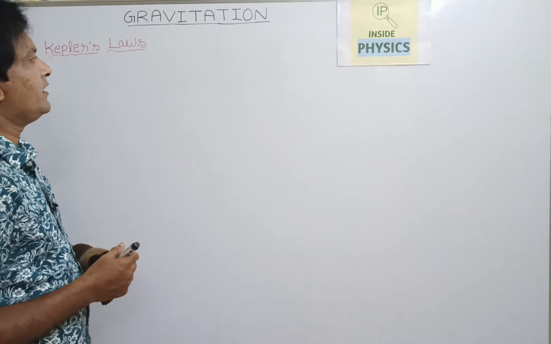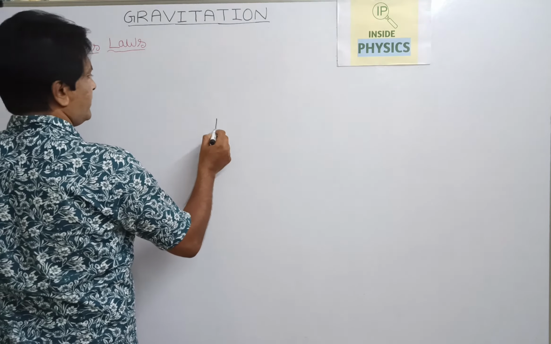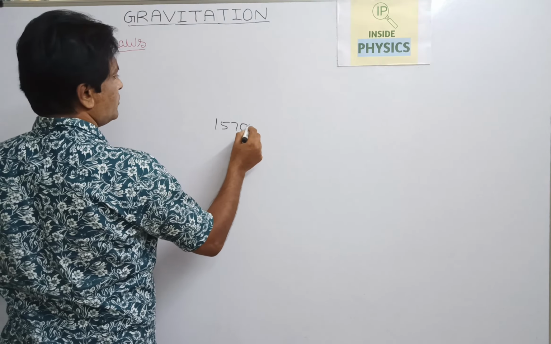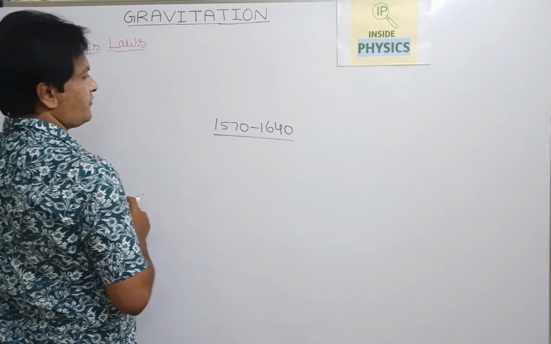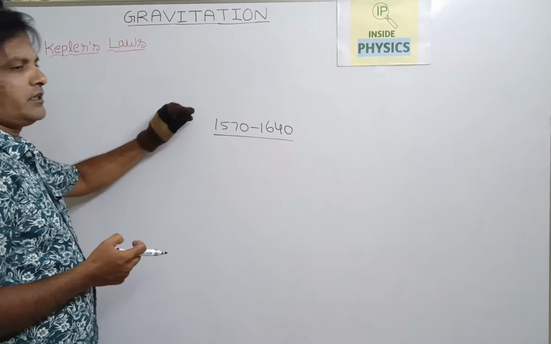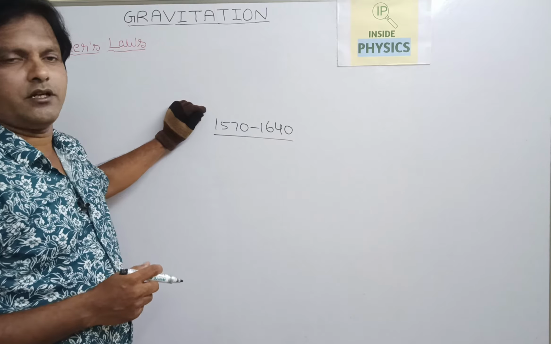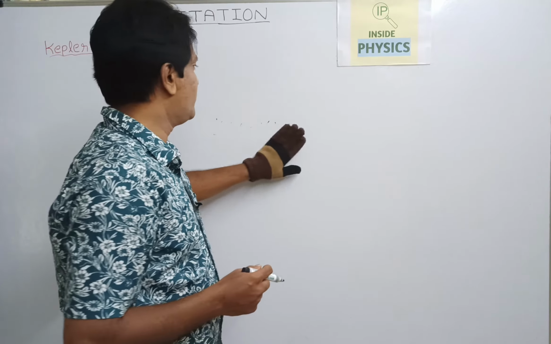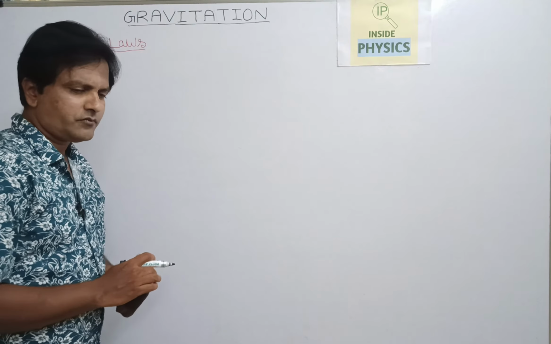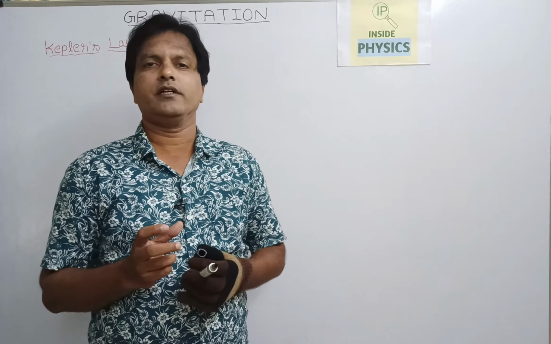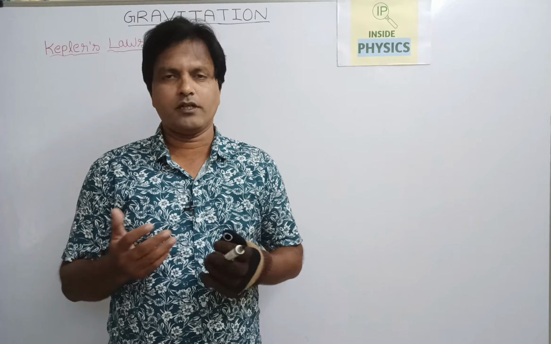He lived around 1570 to 1640, the era of Kepler. He proposed three interesting laws. Before going to Kepler's laws, we need to know the model of the solar system.